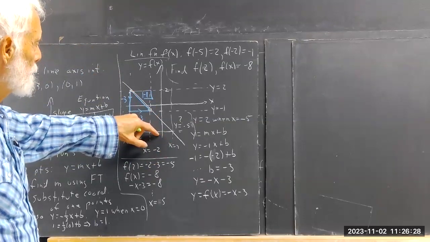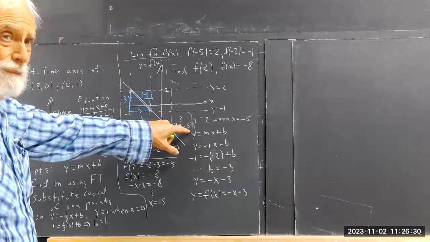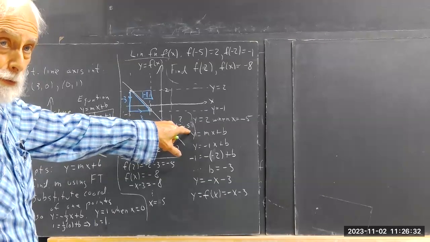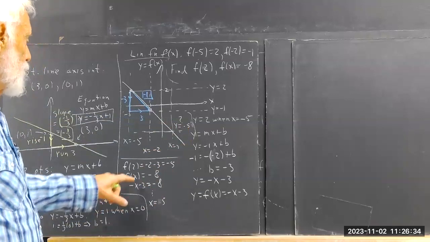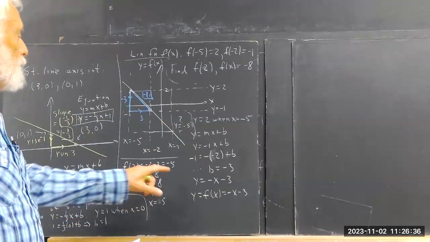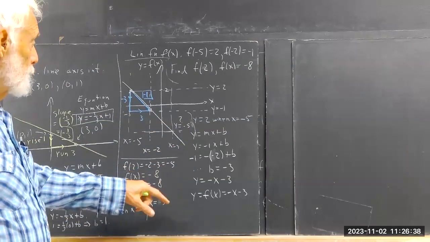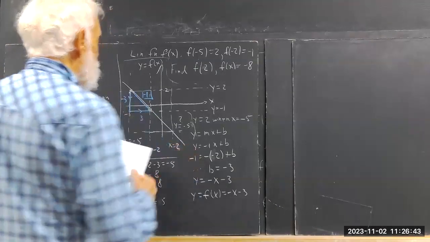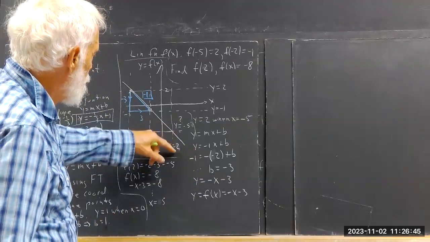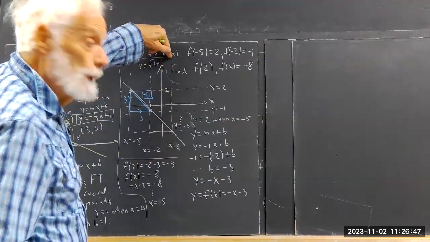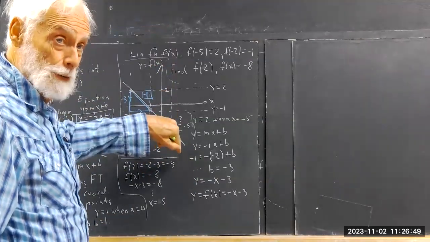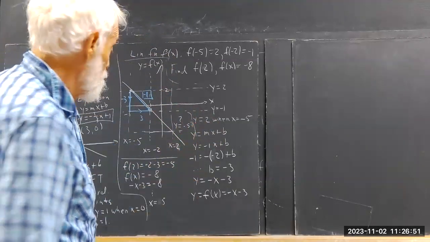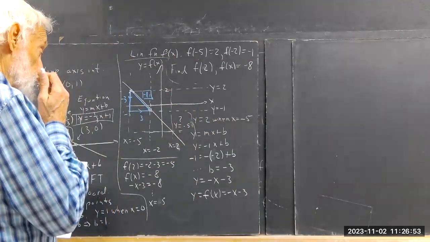This looks more like maybe -4, but -5 is reasonable in terms of the graph. If we had gotten f of 2 equals 5, that would have been ridiculous because the graph doesn't intersect the line x equals 2 up here. It's down here. So the graph gives us a reasonable consistency check.